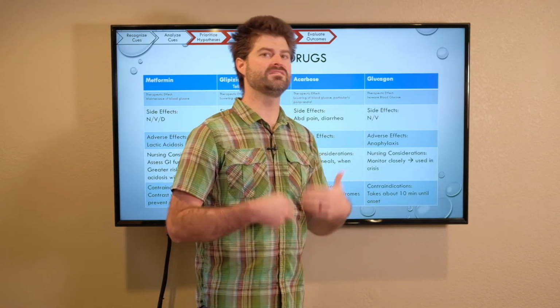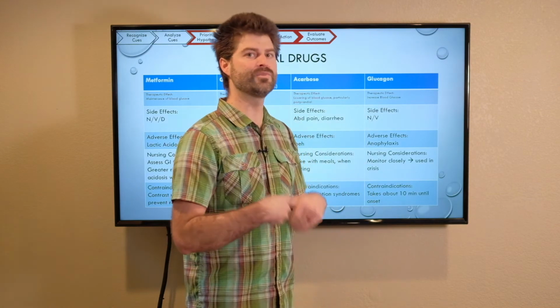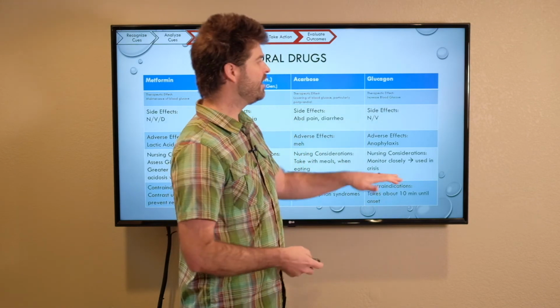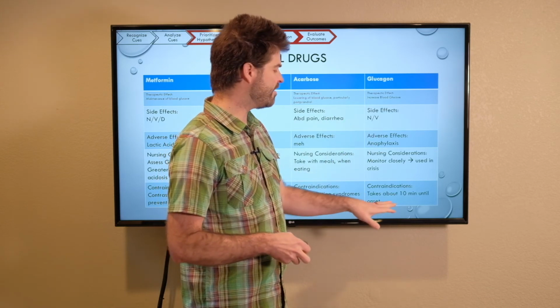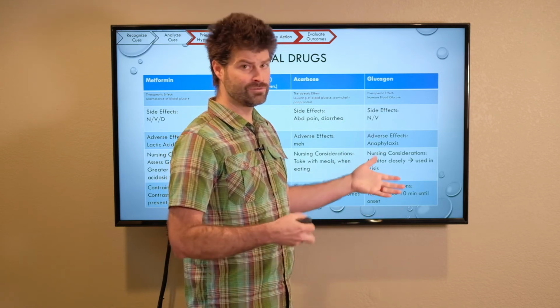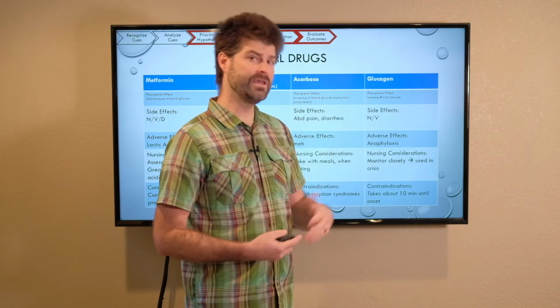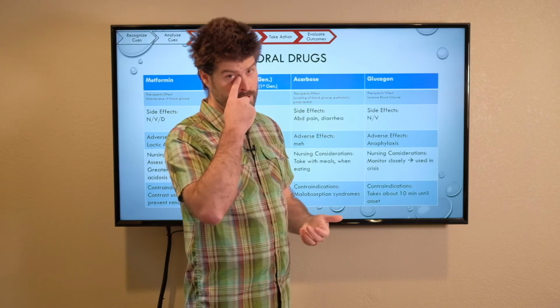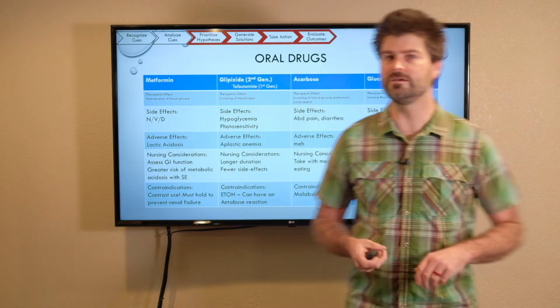So we need to be assessing our patients, and they need to be safe to take a medication orally so that they have time to have this effect. If a patient loses consciousness, for example, because of their hypoglycemia, obviously taking a pill is not going to help them. So that might be more of an emergency, like a call 911 type of emergency.